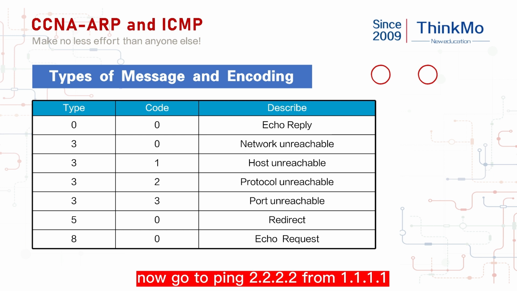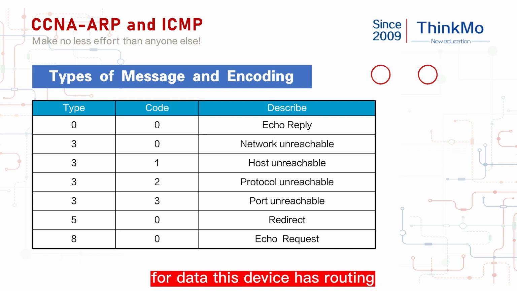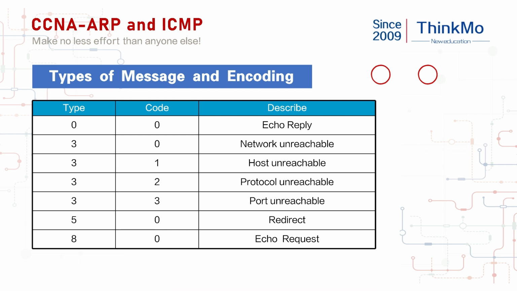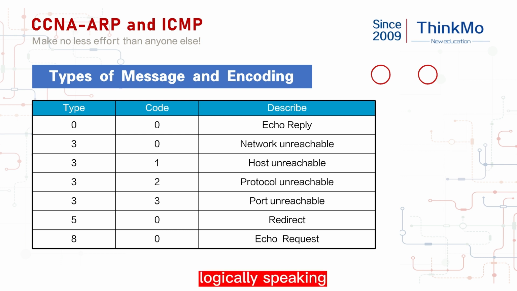Now go to ping 2.2.2.2 from 1.1.1.1. For data, this device has routing, so data can come. But this device is not allowed to access. Logically speaking, it should reply host unreachable, or depending on the situation, may reply network unreachable.